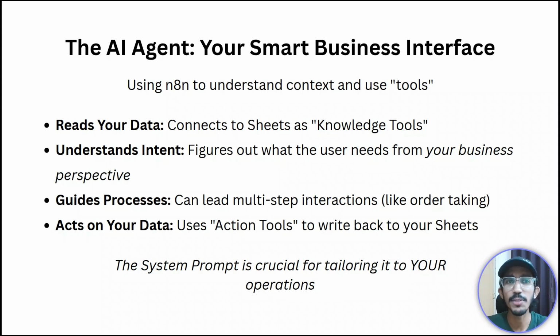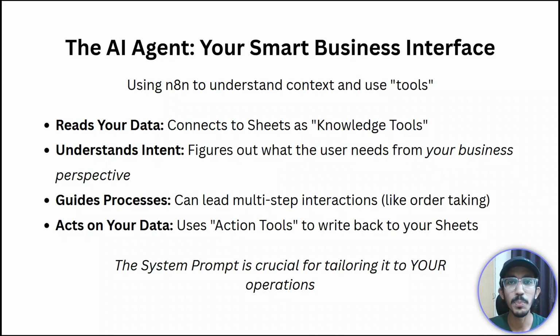Are they asking for information, or are they ready to become a lead or place an order? It guides processes. So crucially, it can lead multi-step interactions, like conversationally collecting all the necessary details for an order or a lead. And it acts on your data. It uses action tools, which are also connected to your Google Sheets, to write back new information.